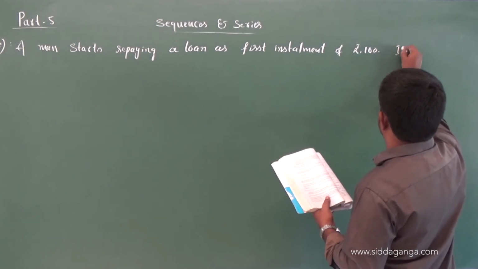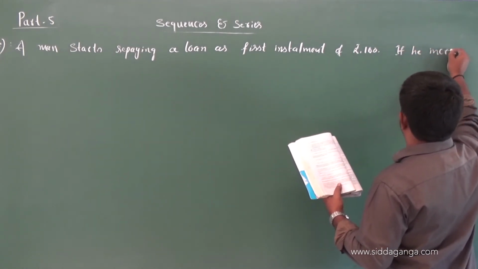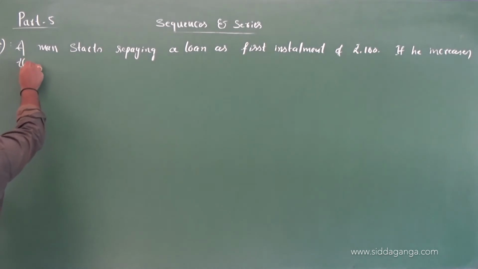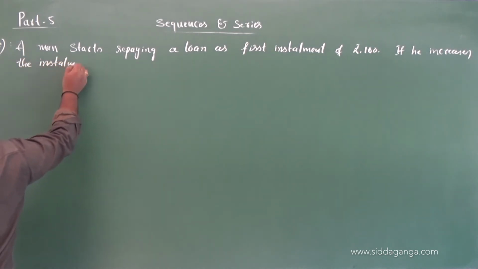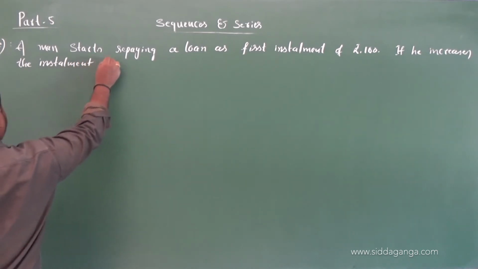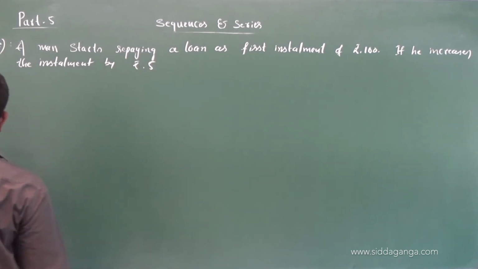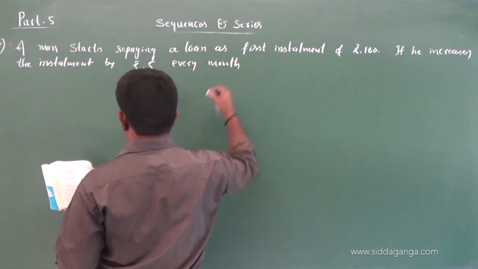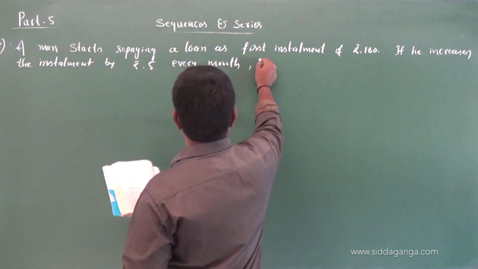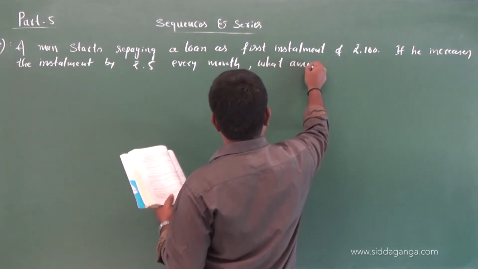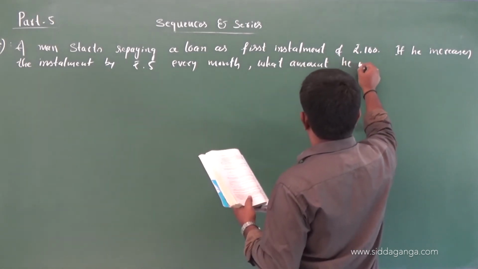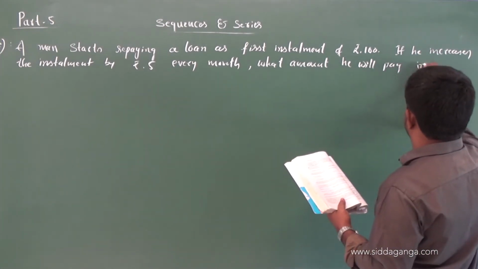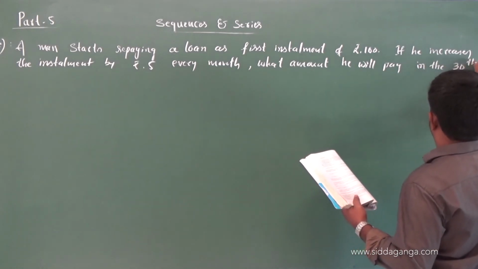If he increases the installment by rupees 5 every month, what amount will he pay in the 30th installment?